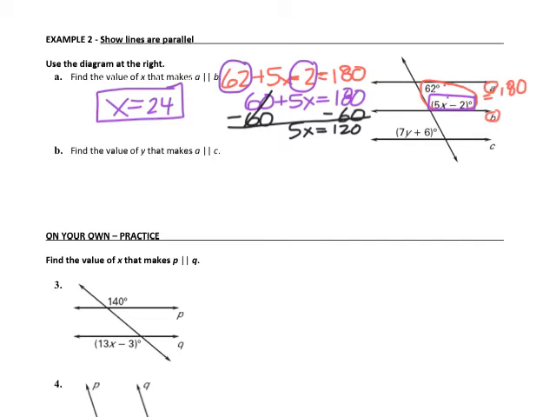In this last example, it's asking us to find the value of y that makes A parallel to C. So now we're looking at A and C. Okay, if we recall from the first page of our notes, transitive property says if two lines are parallel to the same line, then they are parallel to each other.